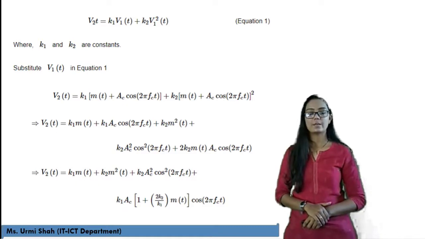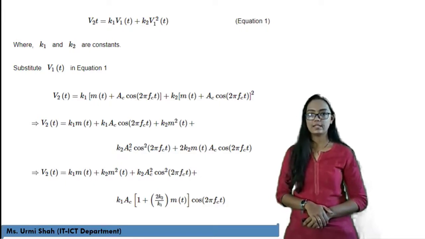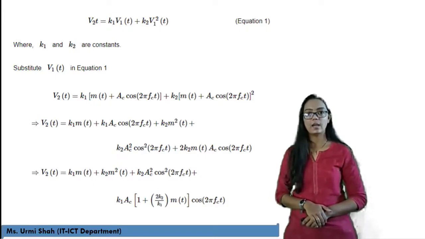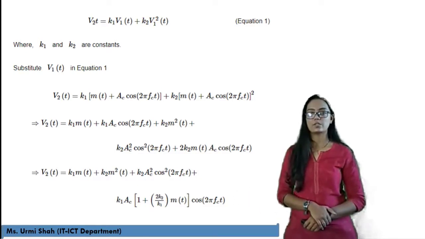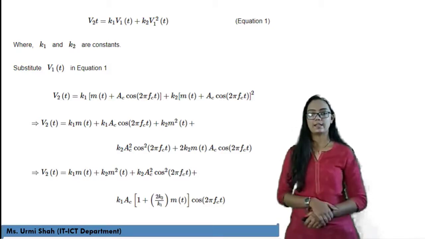plus K2 M square of t plus K2 AC square cos square 2 pi FCT plus K1 AC multiplied by 1 plus 2 K2 by K1 into M of t multiplied by cos 2 pi FCT. So this is the final equation which will be generated by performing the following analysis.